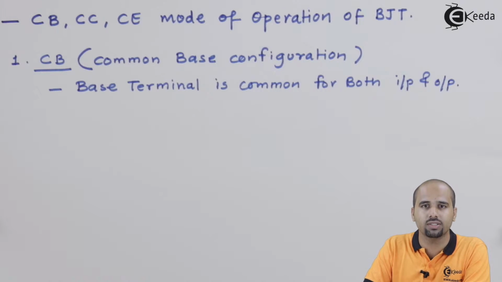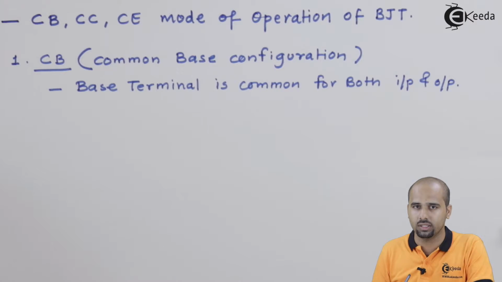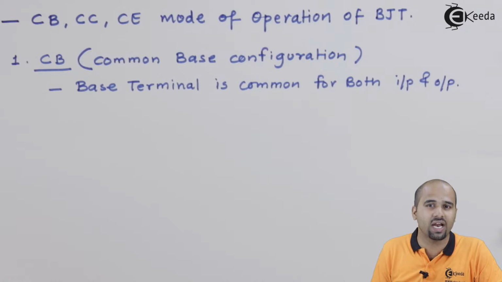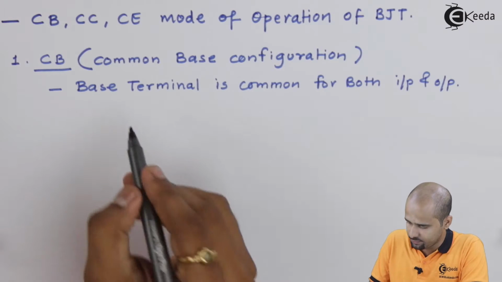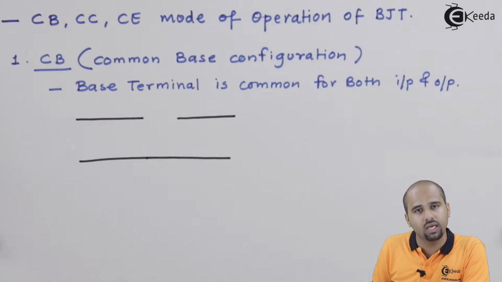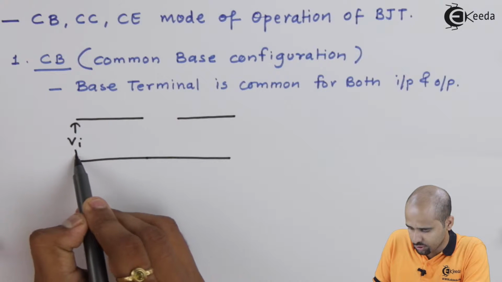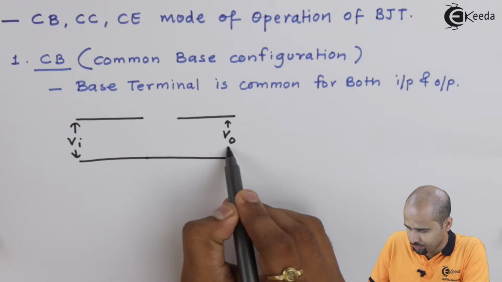Now we will draw this circuit and then we will analyze what the input current, output voltage and input voltage will be, and how we will get different circuits with their characteristics. Let us see that this is a two-port network, where I get input voltage over here and output voltage over here.